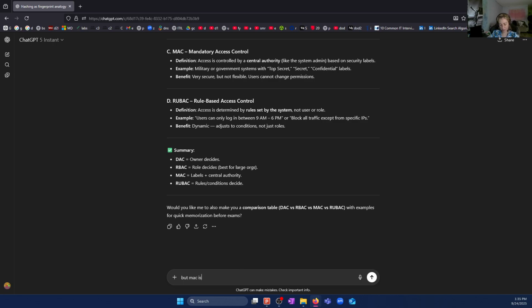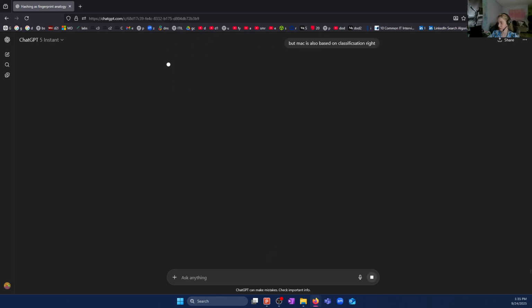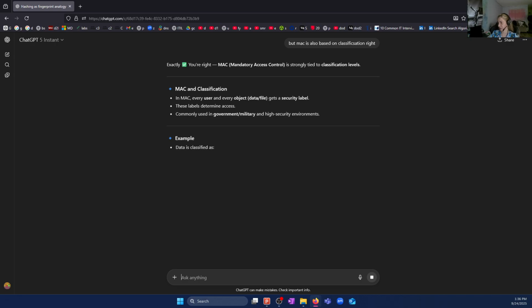But MAC is also based on classification level. Every user, every object gets a security label.